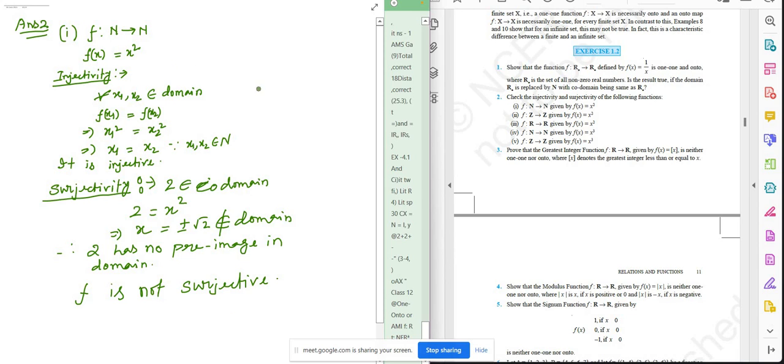That means it is injective, but it is not surjective. If it is not surjective, then taking an example will show it. But taking an example will not show that it is injective; that will not be correct. Understood, Prince?